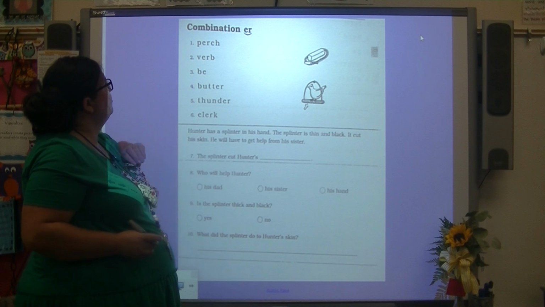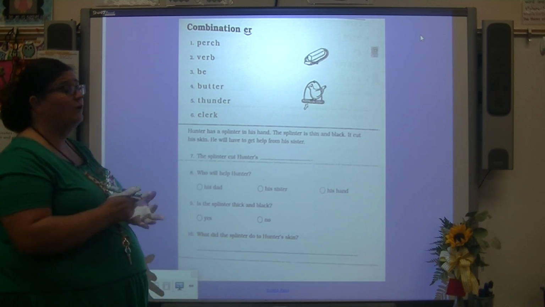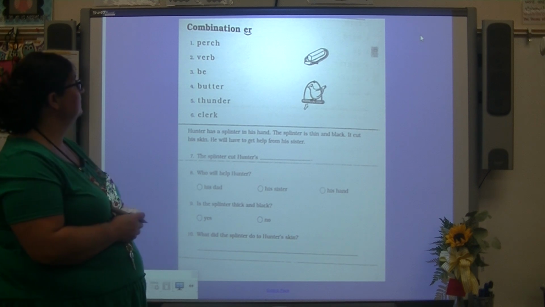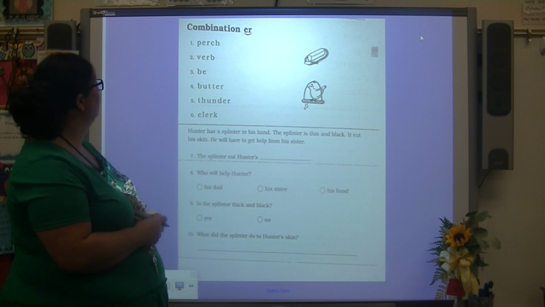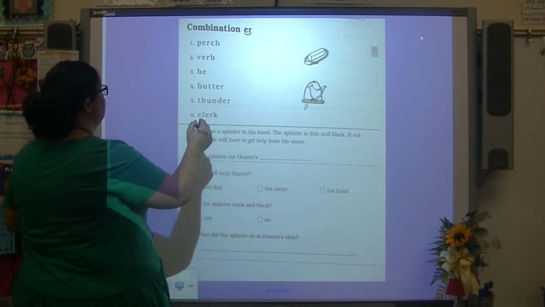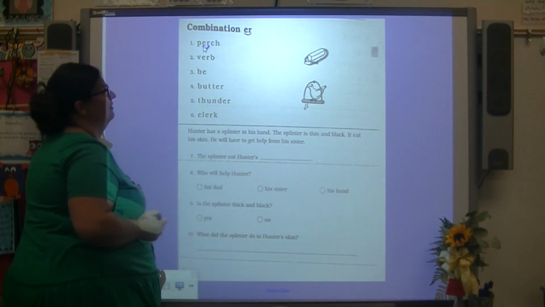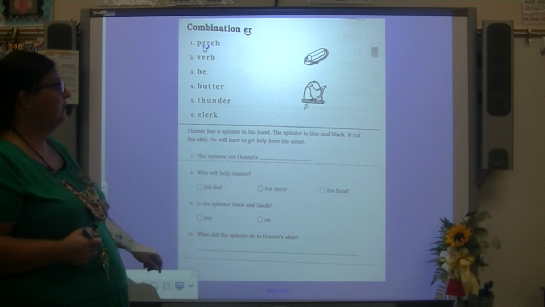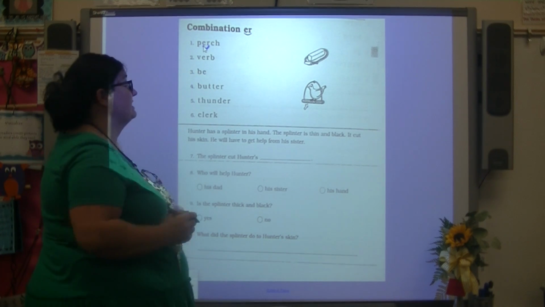All right, so number 1, do we have any digraphs or combinations? We have both. And we have combination ER, so code it. And we also have digraph CH.